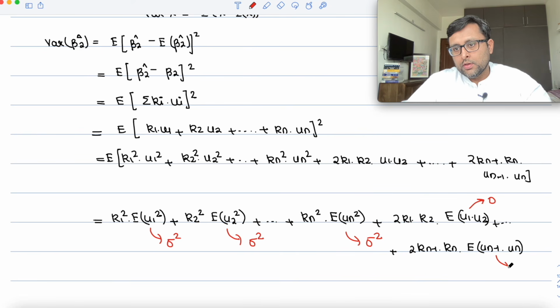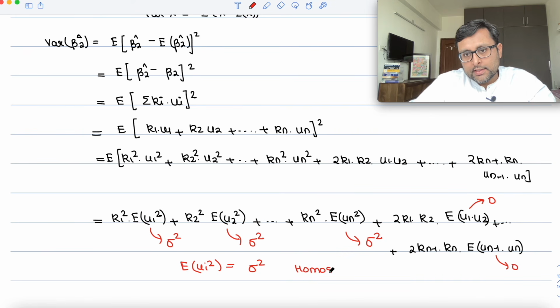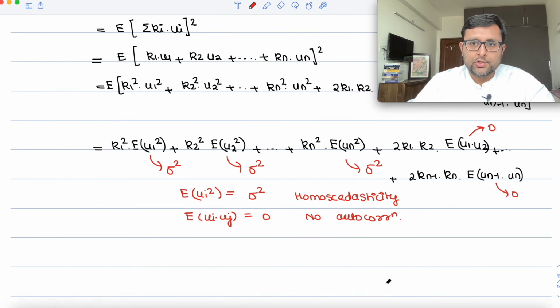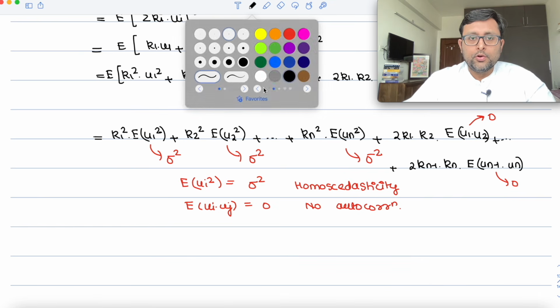0, 0. Why? Because E of ui square is equal to sigma square, that is the homoscedasticity assumption. And E of ui uj is equal to 0, no autocorrelation assumption. So all the cross product terms are 0.